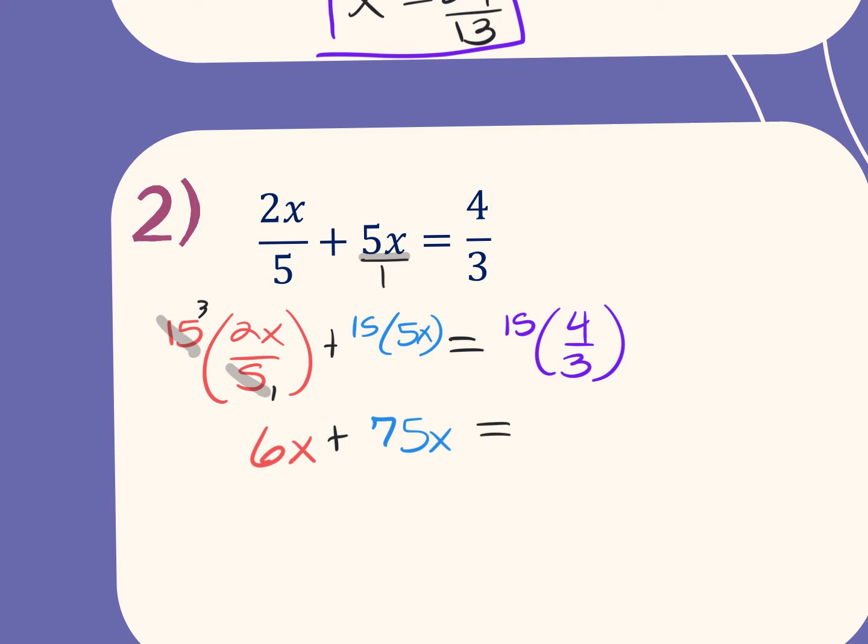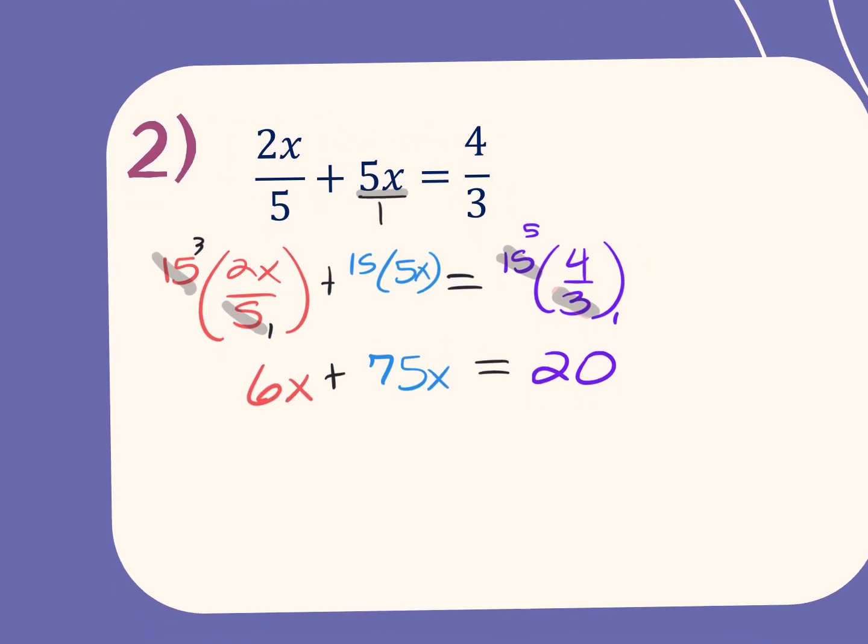For the purple, the 3 and the 15 simplify: the 15 becomes a 5, and the 3 becomes a 1. So 5 times 4 gives me 20. Now I'm going to combine my like terms. 6 plus 75, they're on the same side of the equal sign, so I'm just combining like terms, and I get 81x equals 20. I'm going to divide both sides by 81.